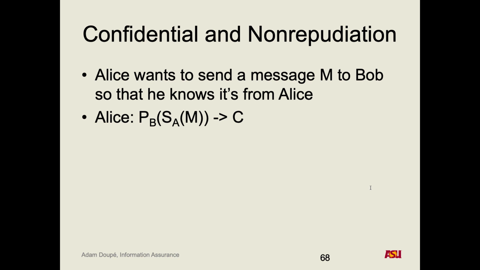You can think of these as mathematical operations. We encrypt it with the secret key of Alice, and then we encrypt that with the public key of Bob. You can think of it like an onion, with layers. So think about who can take off these layers. Who can remove the outer layer?